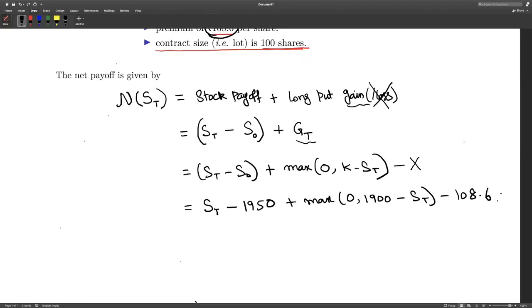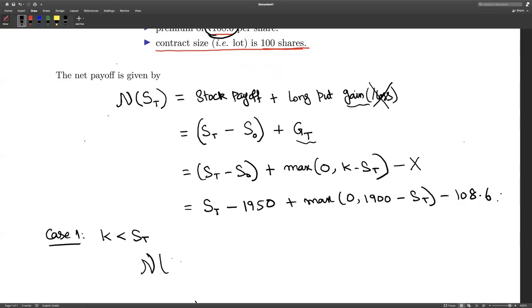So let us consider two cases. Case one is when K is less than ST, that is on the expiration. If the spot market price of the stock is greater than the strike price, then what happens?